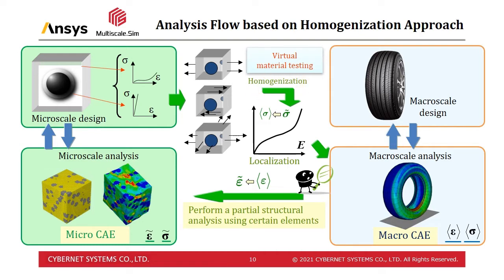It is the most important feature for us and is explained in more detail on the next slide. Finally, it is also possible to evaluate the stress distribution inside the microscale model by focusing on part of the macro model. That is called localization analysis, and it is also an original feature of Multiscale.sim.